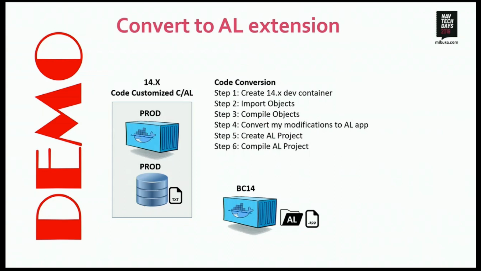So if we do that, then our data upgrade, the new table will be just fine. We can actually map a new table if we do data upgrade from an existing C/AL solution into a new base app with a new extension. We can map the existing table, or the new table you had in your C/AL solution, to a new table in an application.